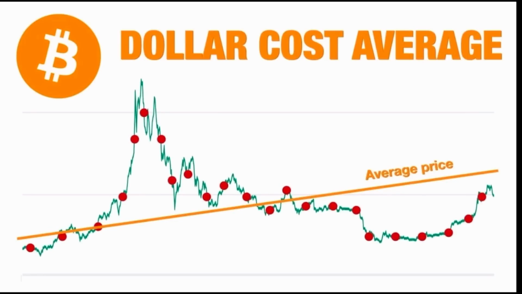You can see in this chart, they bought Bitcoin at all these red dots. Every time again, at the red dot, the same amount of dollars in Bitcoin. The average price is now that orange line. So in average, you paid a certain price for all of your Bitcoins. That is a dollar cost average price.